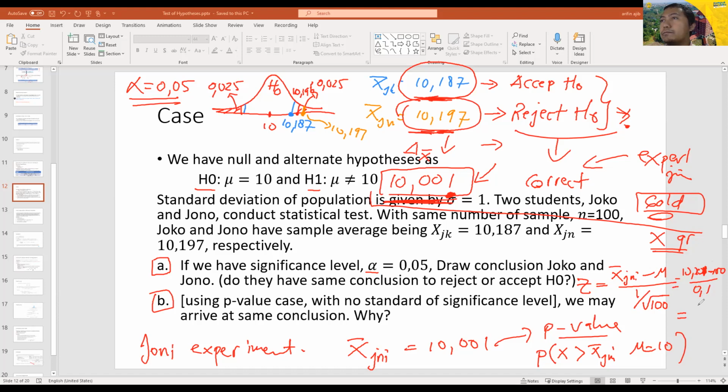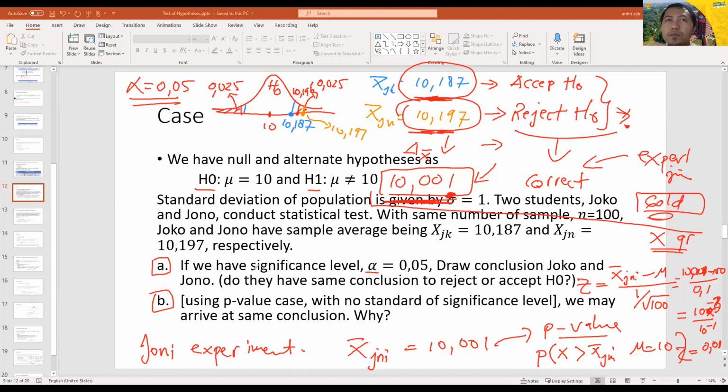This is 10 to the power of minus 3, so 0.001, and so z is 0.1.